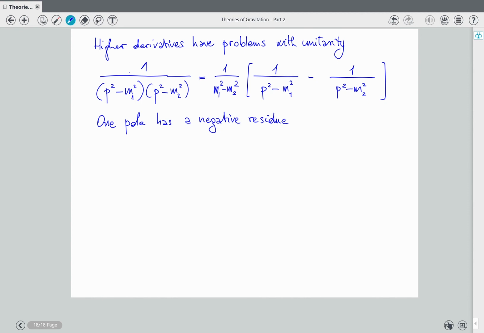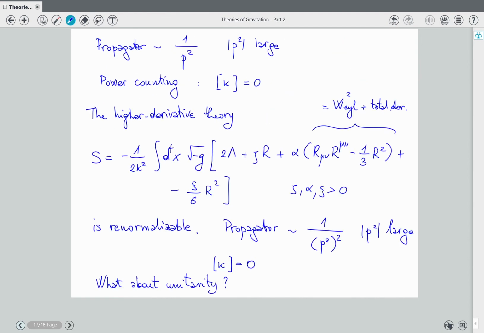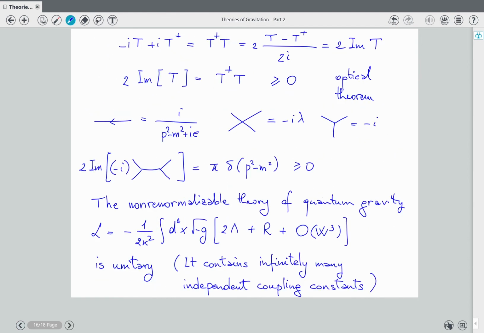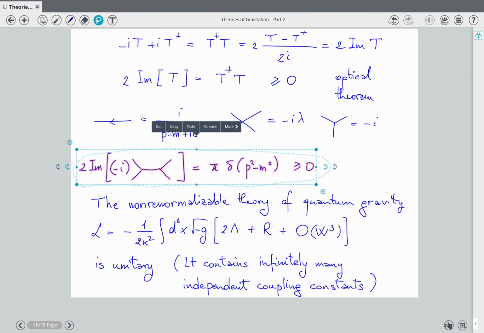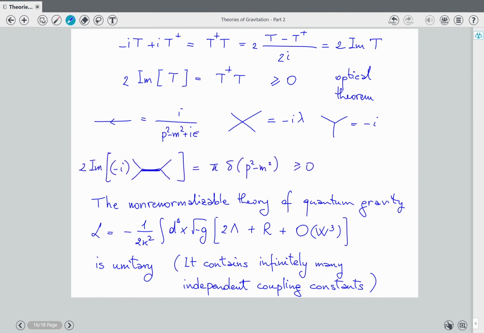But you cannot have unitarity with the Feynman prescription and changing the sign of a propagator because of this identity. If you have a propagator here, and if you change the sign of that propagator, you will change the sign here.